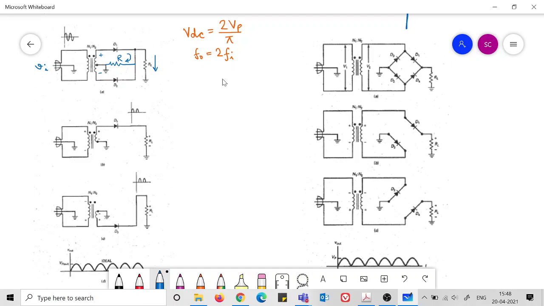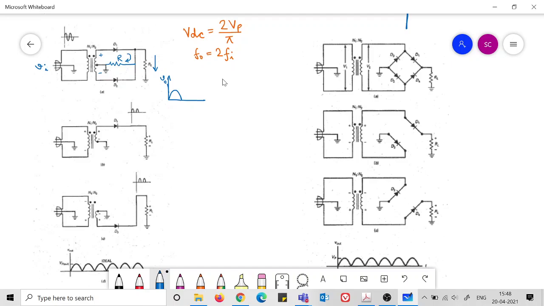So in the positive half cycle, AC voltage will come across the resistance V0. Now what happens in the negative half cycle? This would invert. So there is more positive voltage on this side and negative on this side.